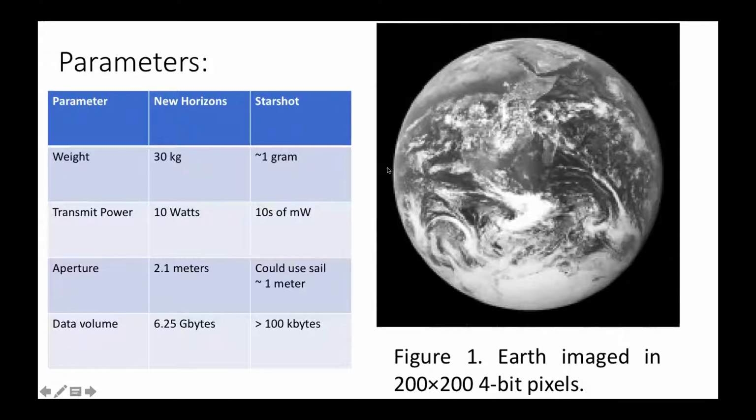And you can clearly see a lot of stuff in 1 kilobyte if you can focus on the Earth or on a planet like that. So anyway, just comparing the parameters between New Horizons and Starshot, the communication system on New Horizons was approximately 30 kilograms, transmit power 10 watts, aperture 2 meters, about 6 gigabytes of data over a year.